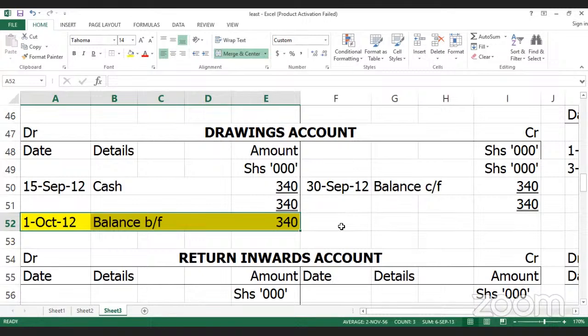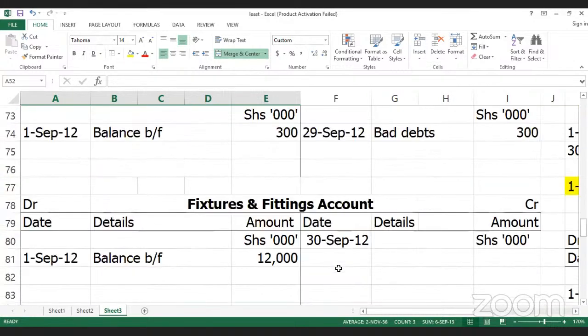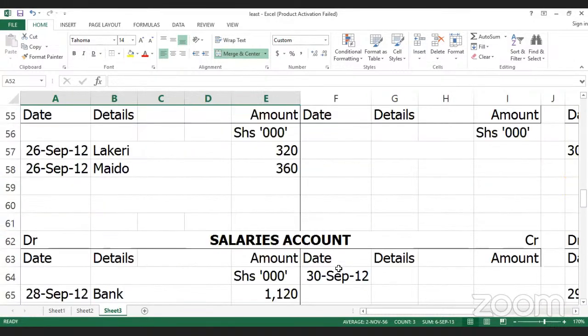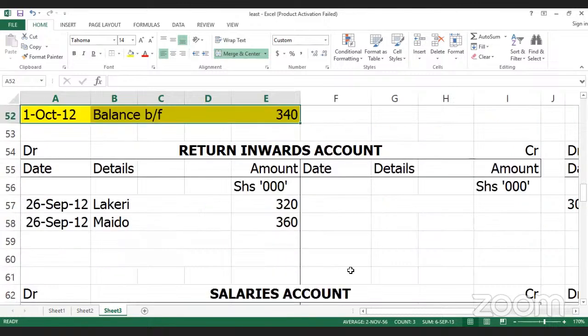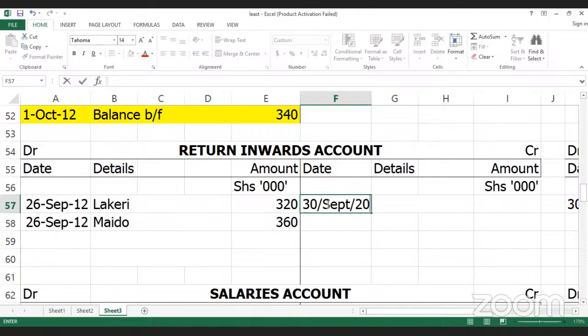So what we have to do next is move on to the return inwards account, and you see the debit side is greater. So I have to insert the balancing figure on the smaller side, which is the credit, to make both sides of the account equal.